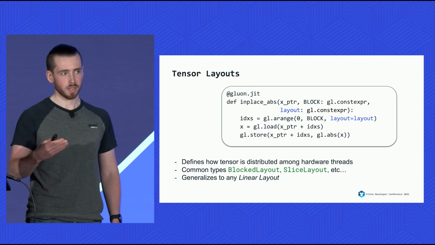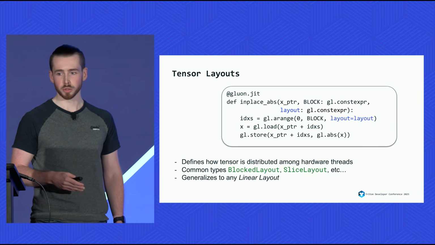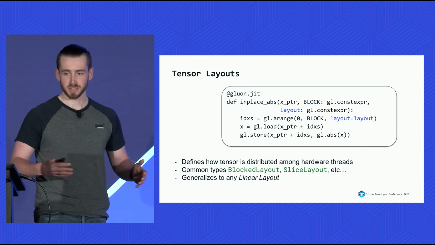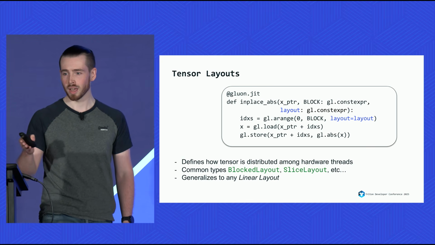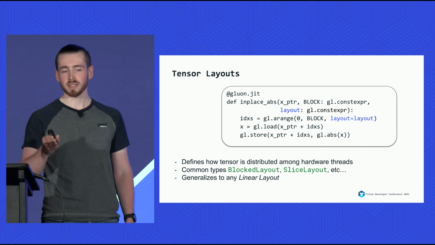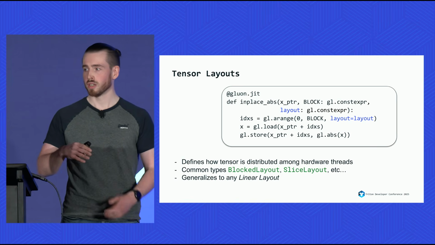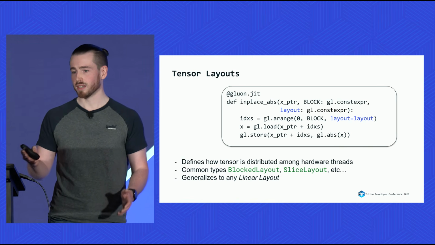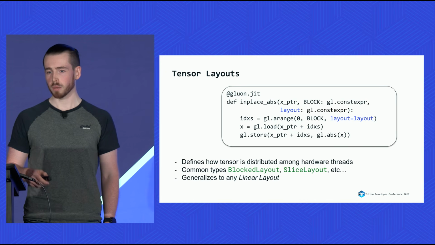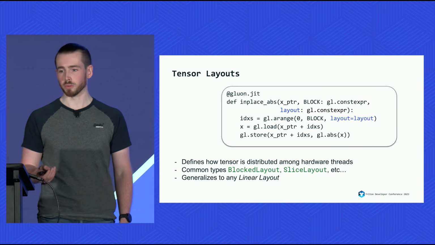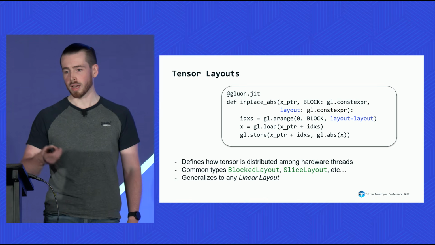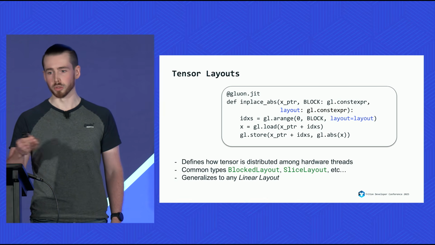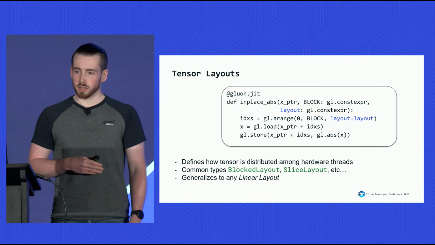Now, here's a small example of a Gluon kernel, and it's obviously a slide where it's not a real example, but the key thing to take away from this is that it looks almost exactly like a normal Triton kernel. But the most obvious difference here is this layout attribute, highlighted in blue, that we're adding when we call Gluon arange.